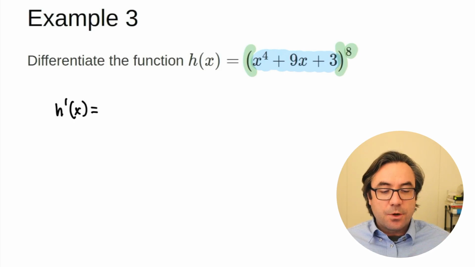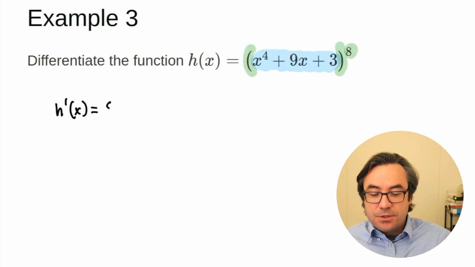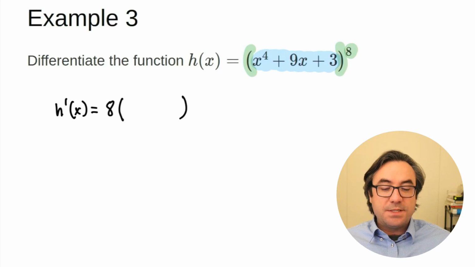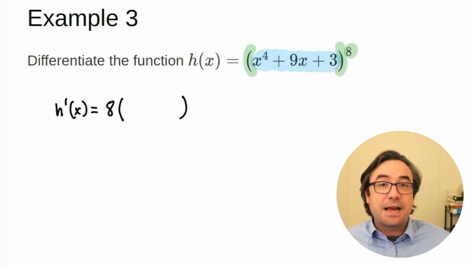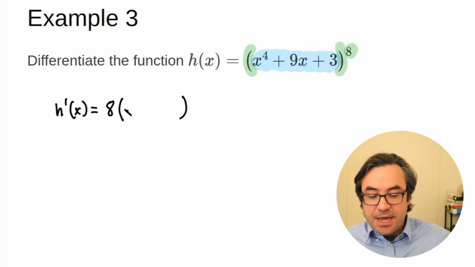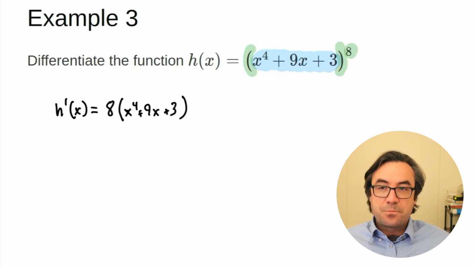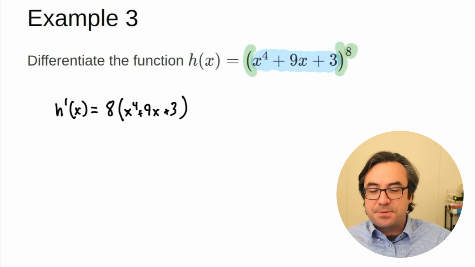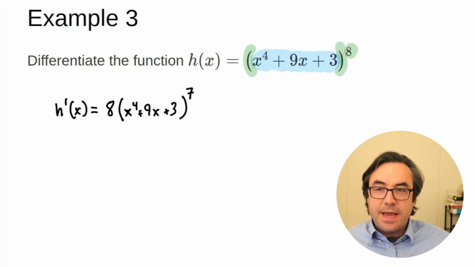We start by differentiating this outer function raised to the power 8. So we bring down the 8, and we keep what's inside the parentheses exactly the same, x to the 4th plus 9x plus 3. And then, just like the power rule, we subtract 1 from the exponent, so we go from 8 down to 7.